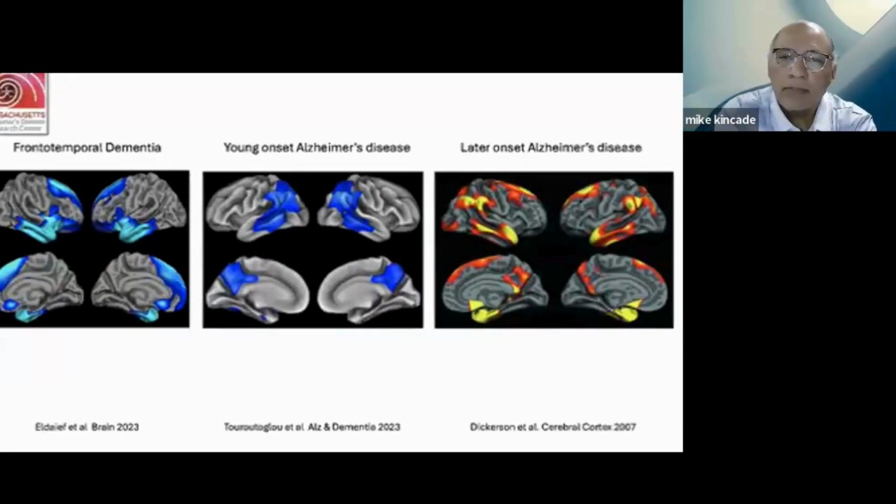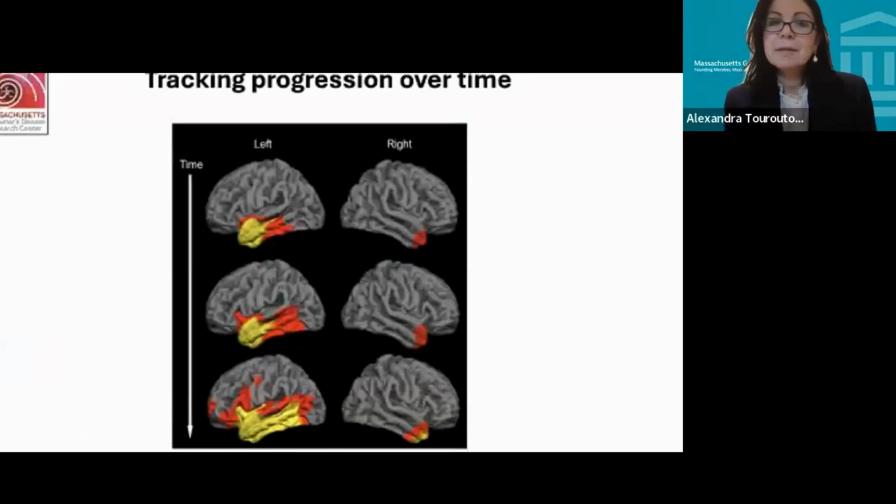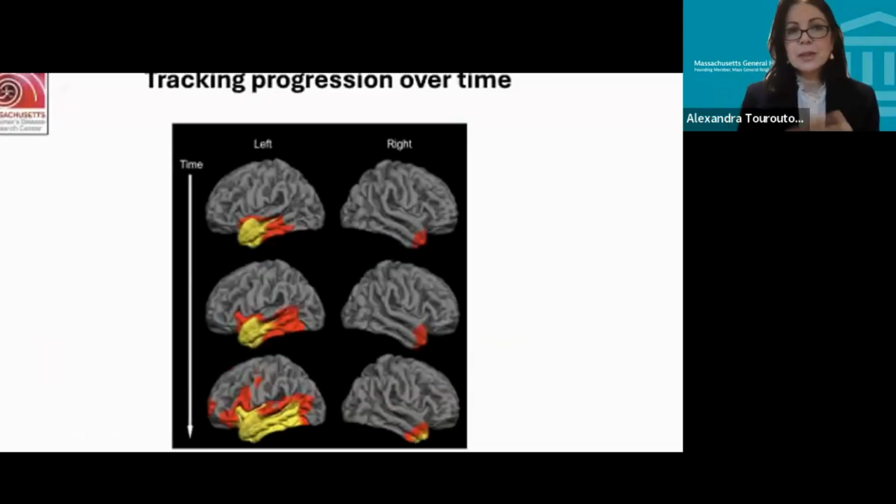Okay. So I want to show you in this slide how we use this information, the atrophy, the shrinkage in the brain, to track the progression of the disease over time. This is an individual with frontotemporal dementia, and what we're seeing here is a type of frontotemporal dementia called semantic dementia.